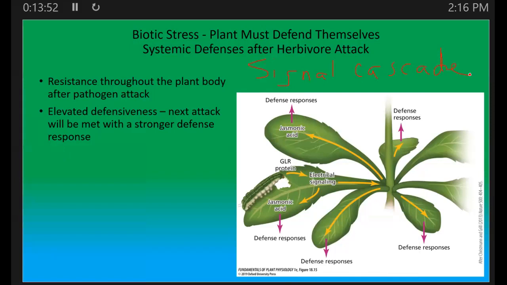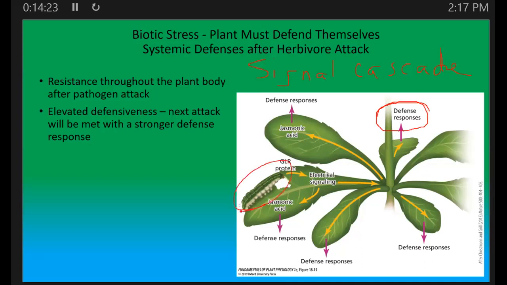And the ultimate idea at the end of that signal cascade is the plant will shift its gene expression patterns. So it's actually affecting the DNA and gene regulation and gene expression. And so it will allow for the signal cascade to occur that, in this case, will ultimately tell the plant, turn on the right types of genes to start defending yourself against this particular insect pest.